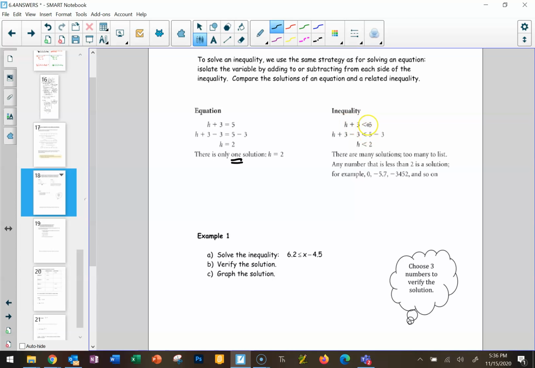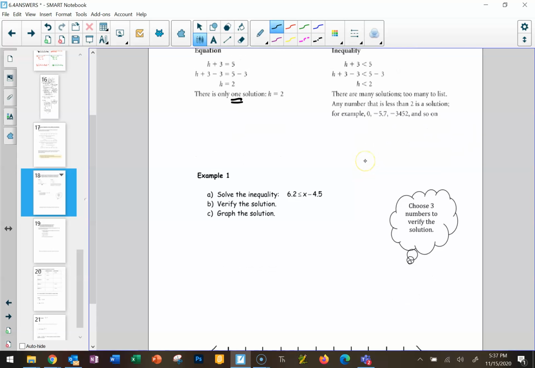We're trying to isolate the variable on one side of the sign, in this case, a less than sign. So we wanted to get the h alone, and we found that when we subtracted 3 from both sides, we got h is less than 2. So if h is less than 2, there's an infinite number of solutions that could fit for this, because there's an infinite amount of numbers that are less than 2. What's less than 2? 1.9, 1.8, 1.79999 to infinity, right? So we have to keep in mind that there are many solutions, and often we use a number line to represent that.